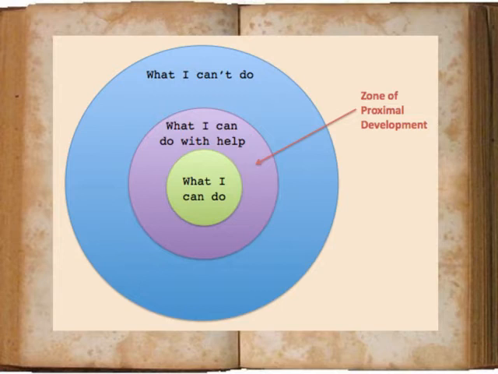ZPD refers to the difference between what a learner can do without anyone's help. It shows the individual skills of a child. ZPD is the distance between the actual development level determined by individual problem solving.